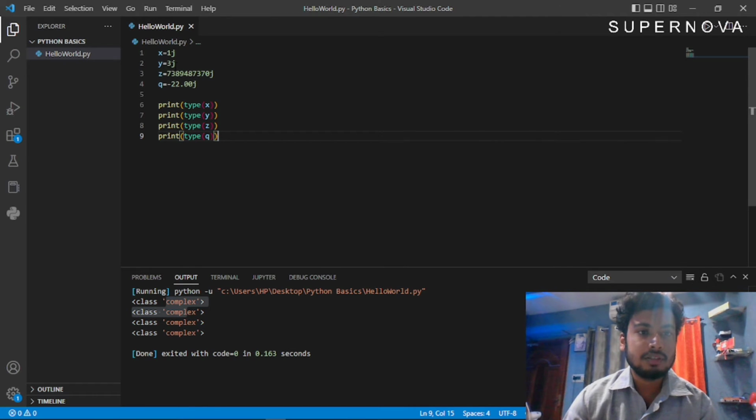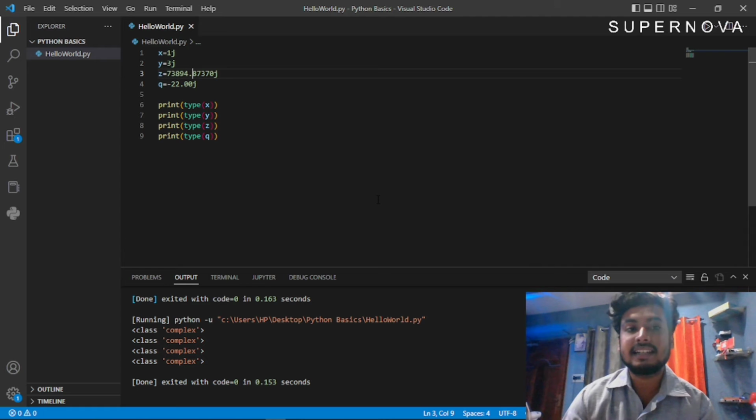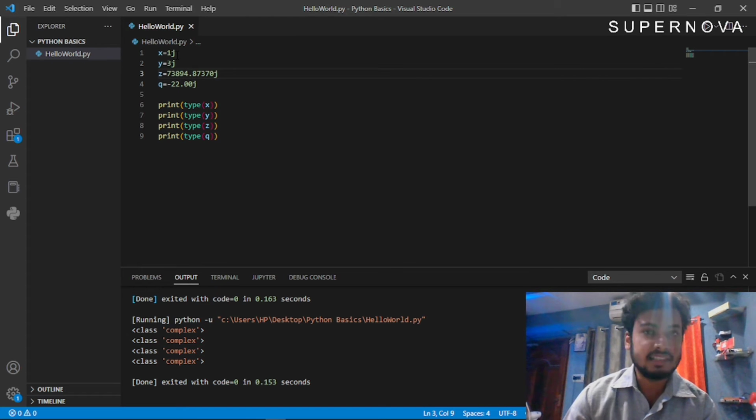Now if I put a decimal here and run it, it is also a complex number. So I think these three kinds of numbers, the integer, the complex number and the float, are clear to you, along with examples of each.